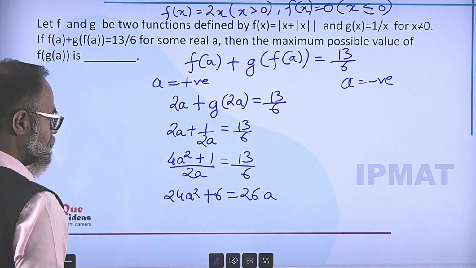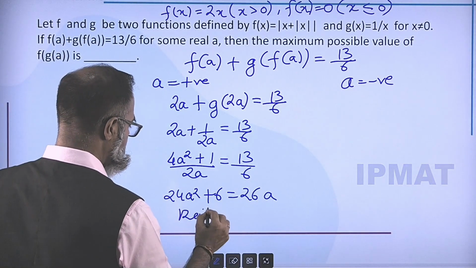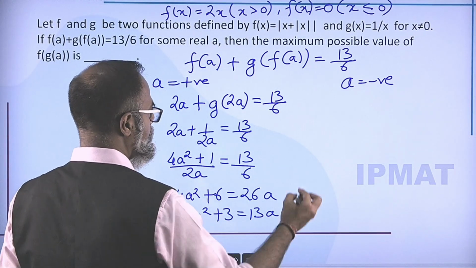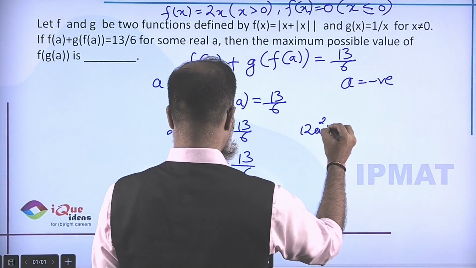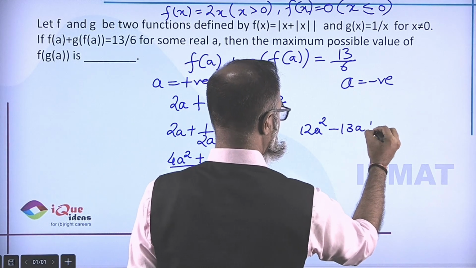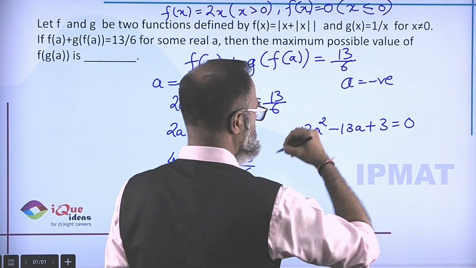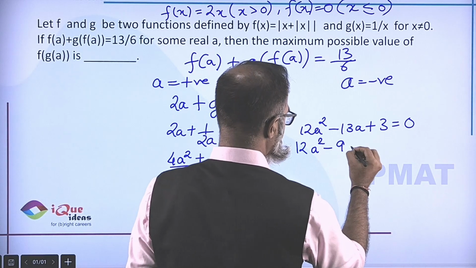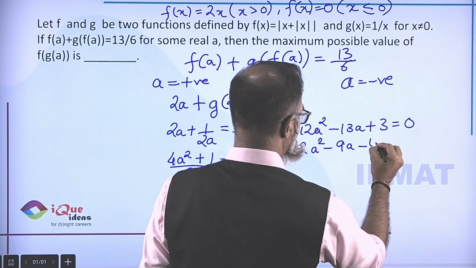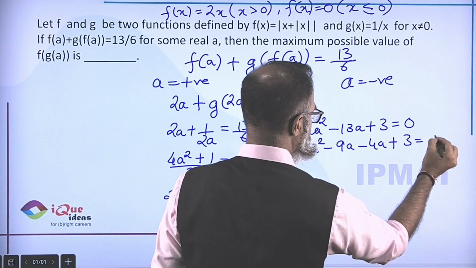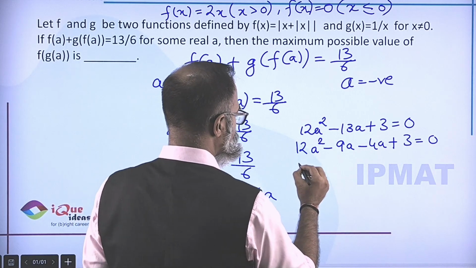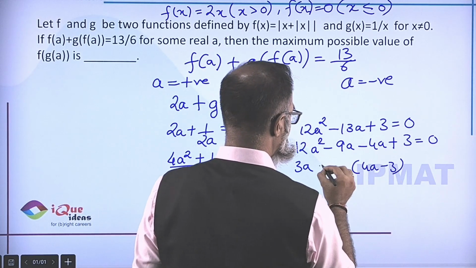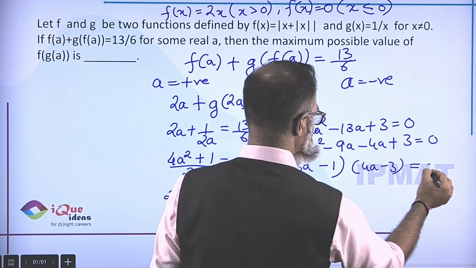I can reduce it by 2. So 12a² + 3 = 13a. So 12a² - 13a + 3 = 0. So 12a² - 9a - 4a + 3 = 0. So 3a(4a - 3) - 1(4a - 3) = 0.